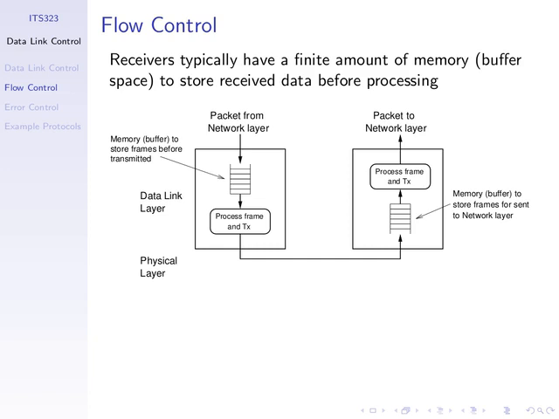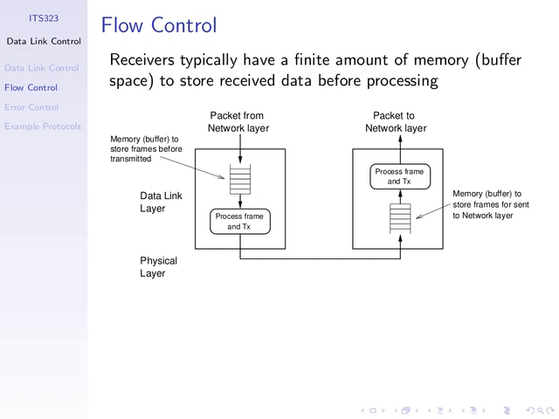Let's look at what happens, especially from the receiver's perspective. We receive data, put it inside the memory. When the transmitter's ready, it would process the frame, the sequence of bits, and transmit. And when the signal's received, it will be put inside memory at the receiver device. And when the receiver is ready to process that, it will remove it from the memory and send it to the network layer.